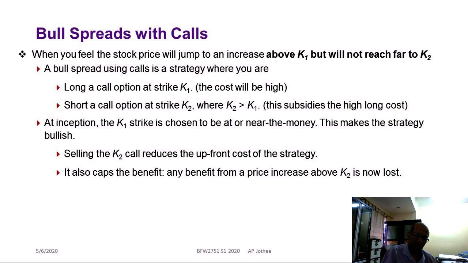Selling the second call at the K2 reduces the upfront cost of this strategy, where you are selling it for getting some premium which you know very well may not be exercised. Even if it's exercised, the loss is limited there because you can take that part of the profit from the long call to pay off the short call. It also caps the benefit: any benefit from the price increase above K2 is now lost to K1, right?